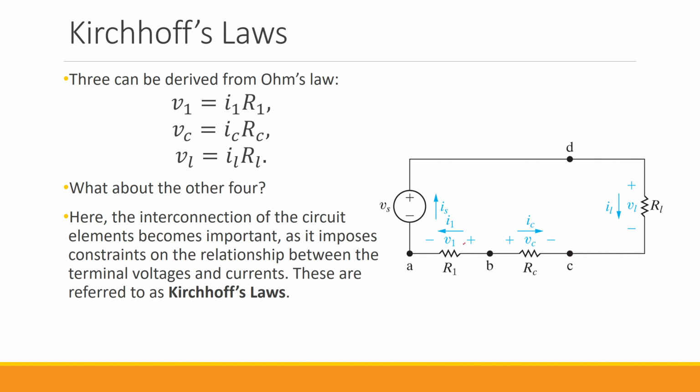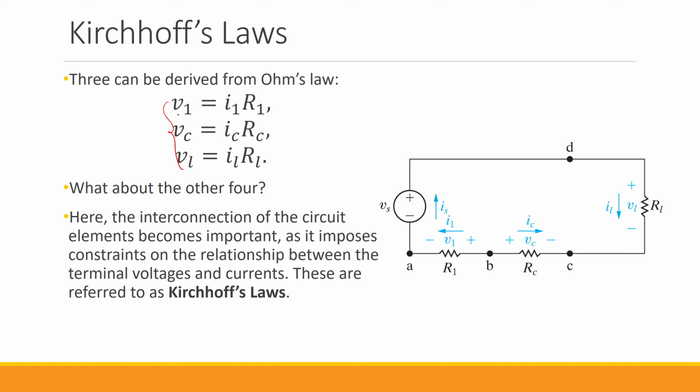Since we have 3 resistors, and for these 3 resistors we can use Ohm's law to represent the relationship between their voltage and their current, we can easily come up with 3 equations. Each is the Ohm's law that shows the relationship between the voltage for that resistor and the current that goes through it.